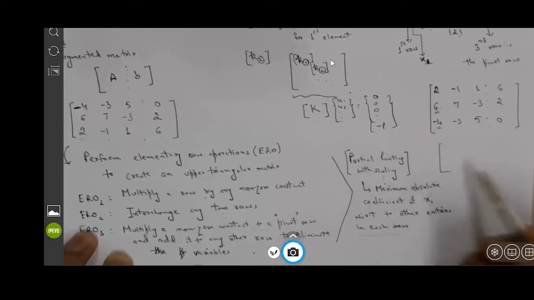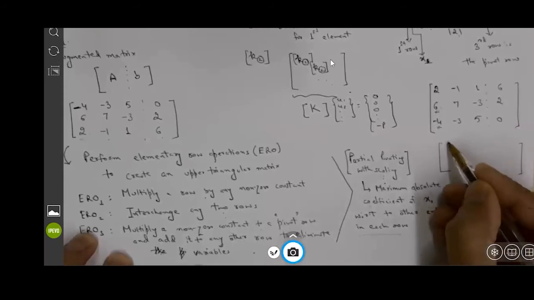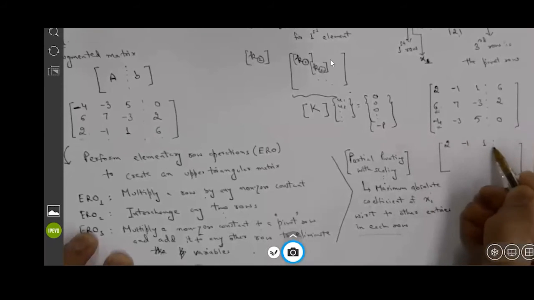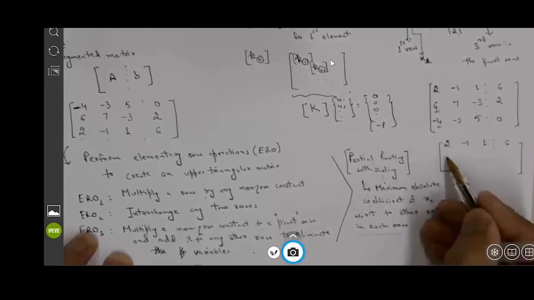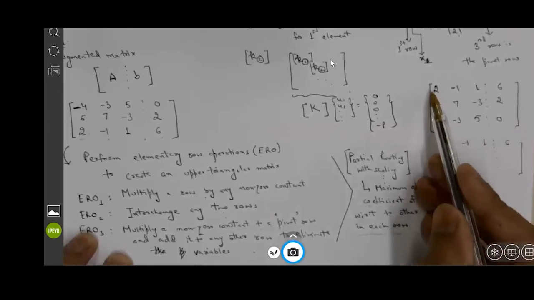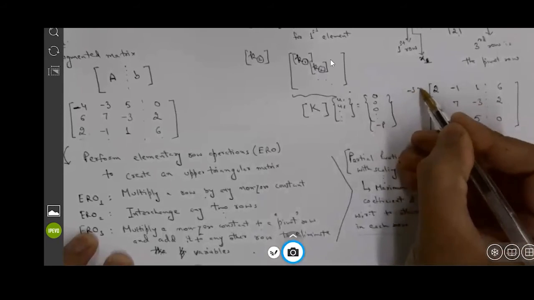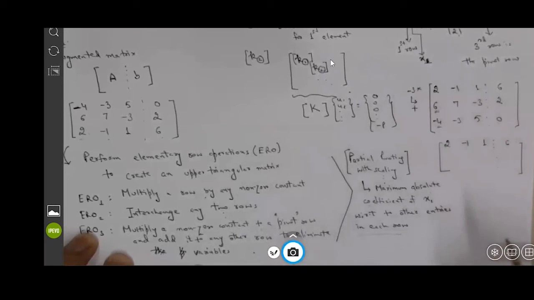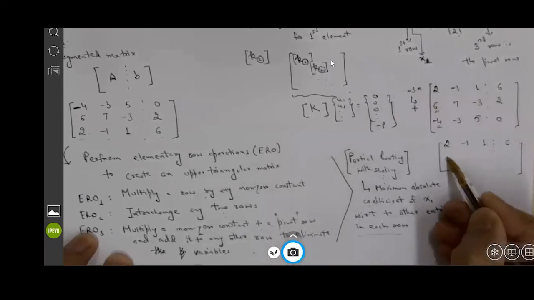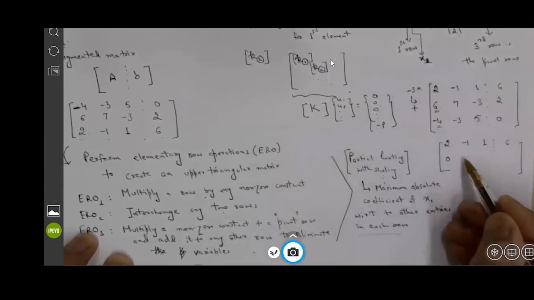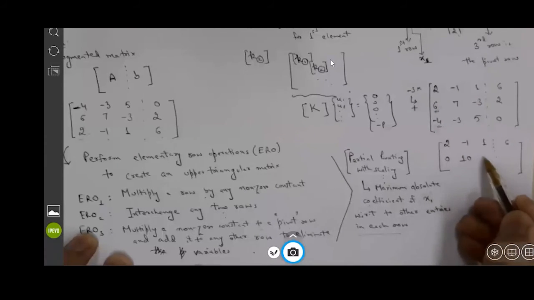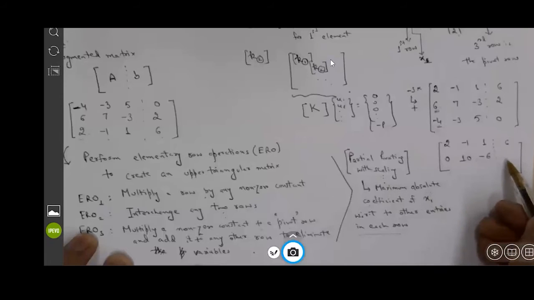Can you tell me what the answer will be? So 2, -1, 1, 6. What will be the entry here if I multiply this by -3 and add it to this row? 0, then 10, then -6, then -16.